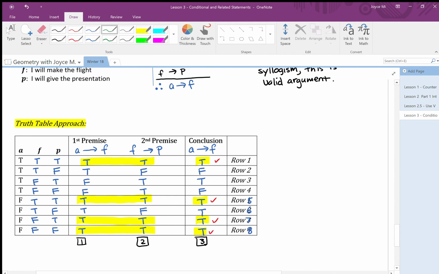So first, let's make a note that the only rows I need to consider are the rows where both premises are true. I don't need to worry about the rows where the premises are not true. So let me write the note.